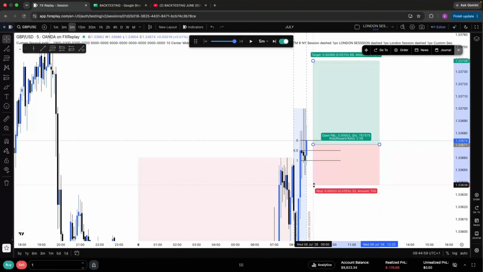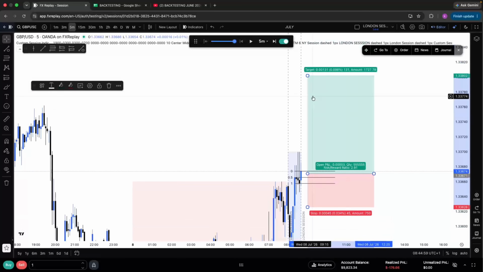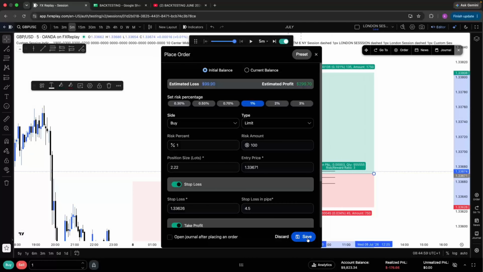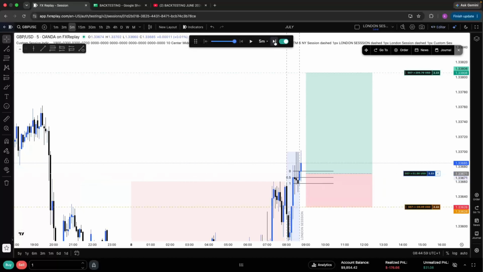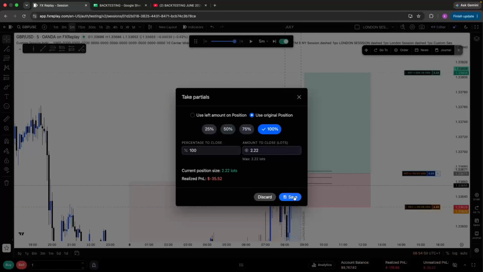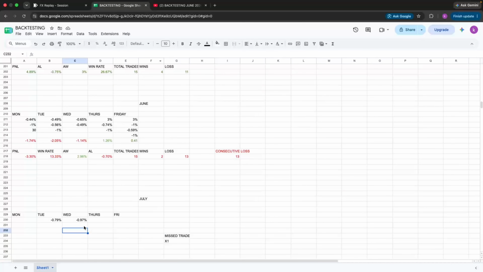Lows 25, so 45. 45. Break of structure to the downside, so minus 35 on Wednesday. 35.